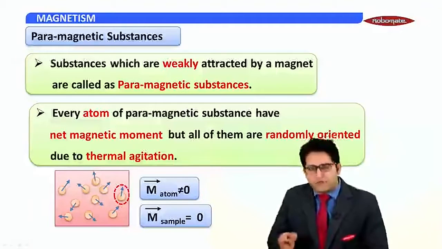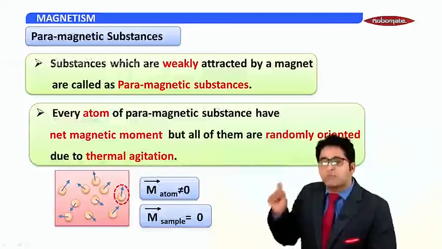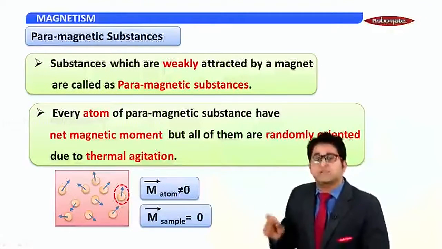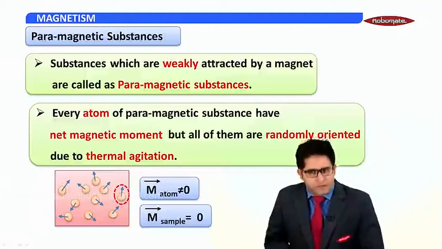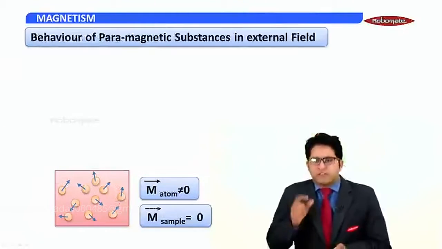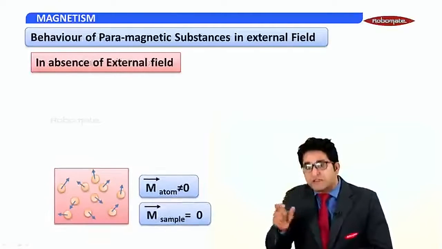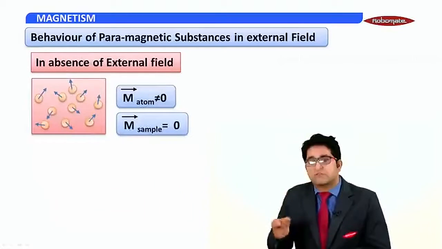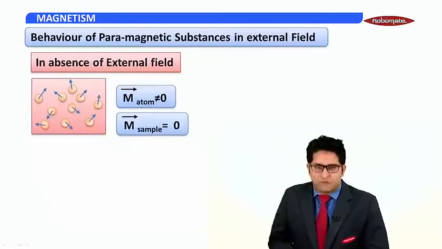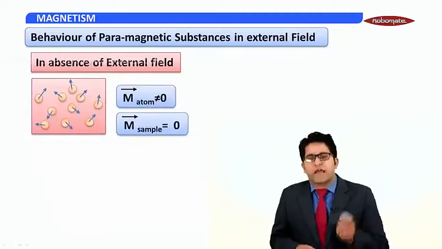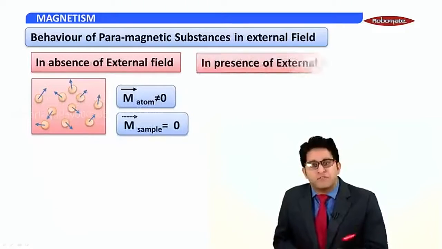Why? Because the magnetic moments of all the atoms are randomly oriented. This is the situation in the absence of external field. Now let us see the behavior of paramagnetic substance when external field is applied.